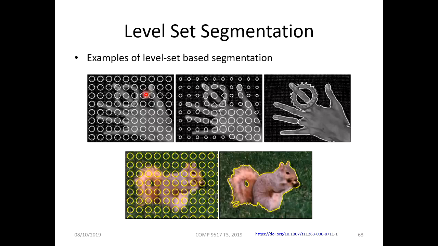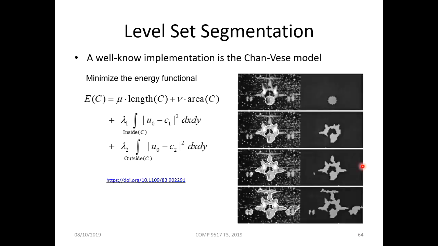I think I have a link here with more information. The most famous approach to level set segmentation is the Chan and Vese model. The paper is here if you want to read about it. It uses a particular energy functional that it minimizes, and it's very robust to noise, as you can see in these examples taken from the paper.